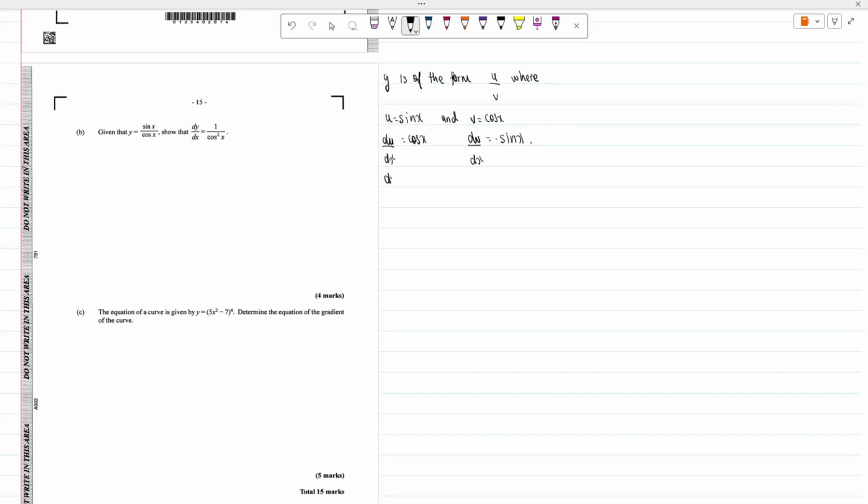Quotient rule: dy dx is equal to v du dx minus u dv dx all over v squared.